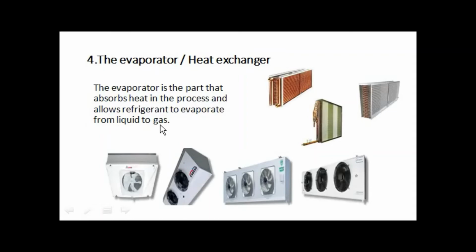Listen to this carefully. The evaporator absorbs heat and allows the refrigerant to evaporate from liquid to gas. During construction, the evaporator has some similarity with the condenser. This is one of the examples of evaporators.